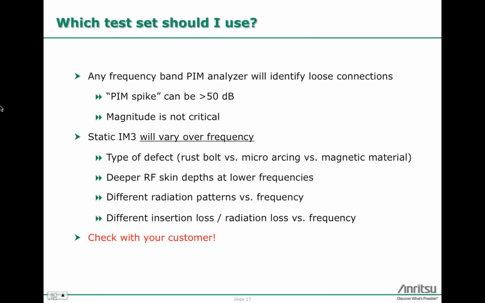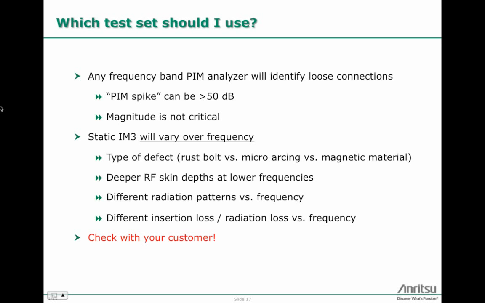It may be less than a wavelength at the lower frequency. That's going to control how much radiation goes out the back of the antenna compared to how much goes out the front of the antenna. So you may end up with very different results measuring over the different frequencies just because different things are being illuminated by the different frequency bands.